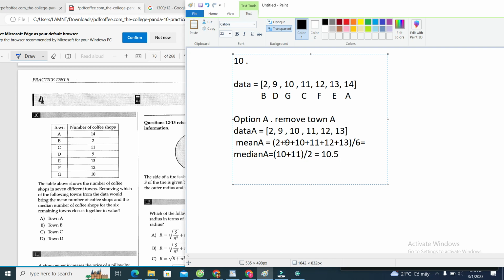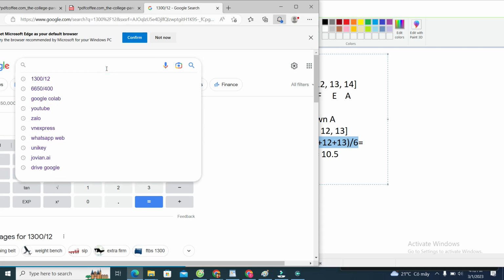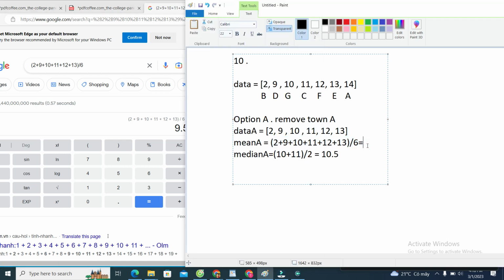So let's calculate the mean of A. We're going to get 9.5. So we have a gap.